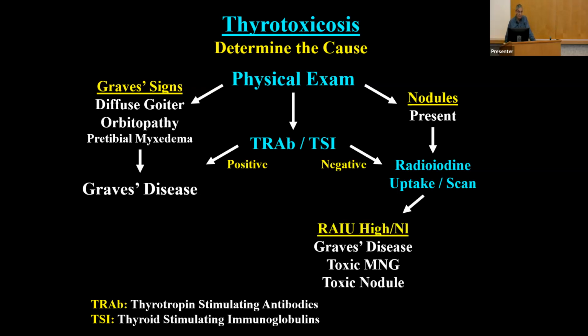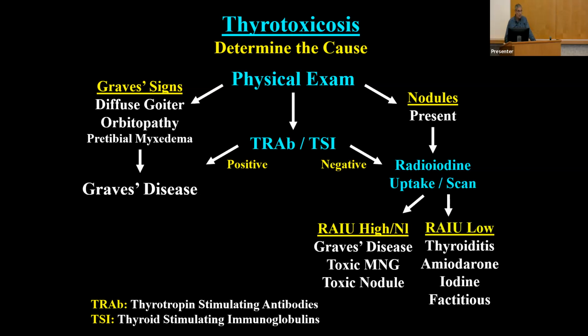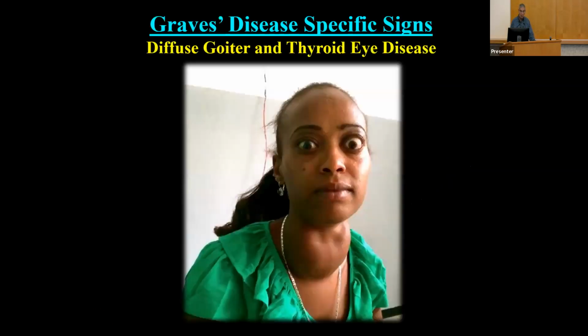If the radioiodine uptake and scan show high uptake or even normal uptake, which is not normal in the face of a low TSH, then it's going to be one of these 3 things: Graves' disease, toxic multinodular goiter, or a toxic nodule. Whereas if the radioactive iodine uptake is low, it's going to be one of those 3 types of thyroiditis. It's going to be amiodarone-induced thyrotoxicosis, exogenous iodine, or factitious use of thyroid hormone. So that's how we diagnose the overall cause.